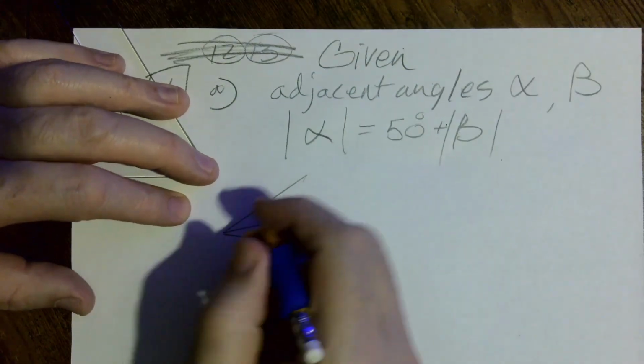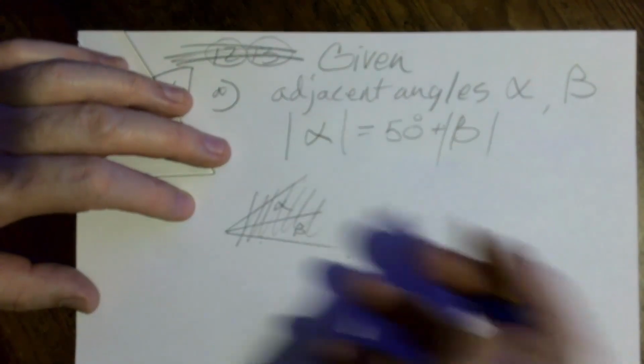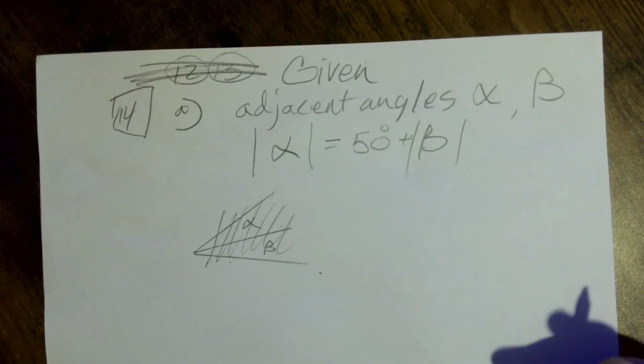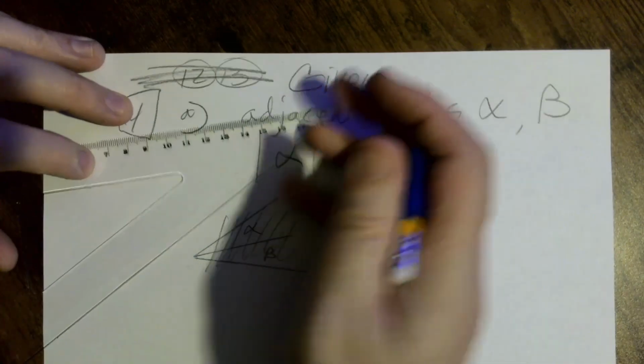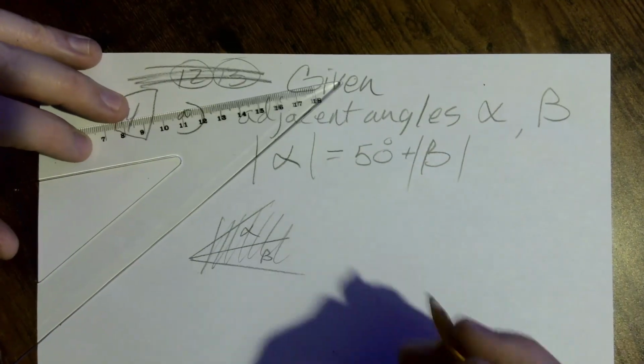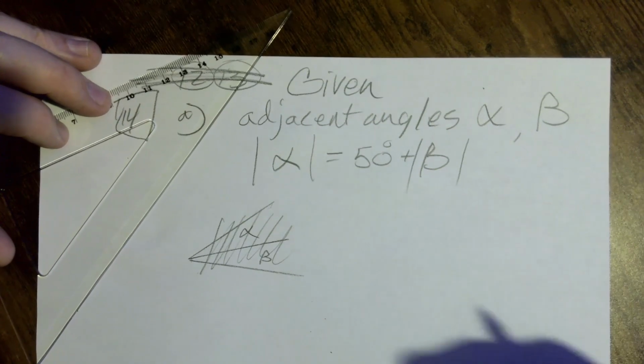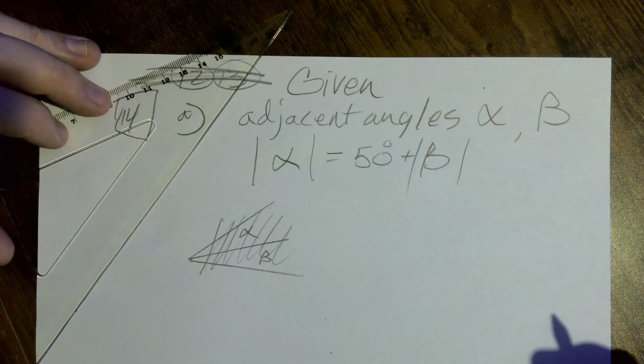So I think what's given here, or maybe something that's lost in translation of this Polish book for me, is that these adjacent angles, alpha and beta, form a linear pair.